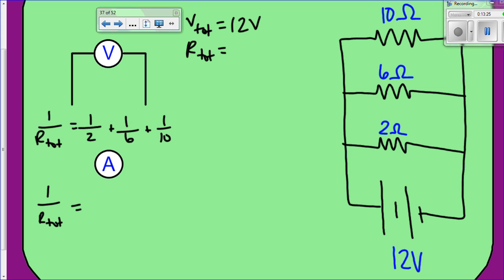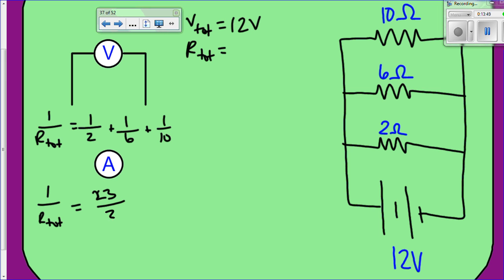So 1 over R tot is equal to 1/2 plus 1/6 plus 1/10, which is equal to 0.76666, or if I turn that into a fraction, which you don't have to, but just so you know, that's the same thing as 23 over 30.